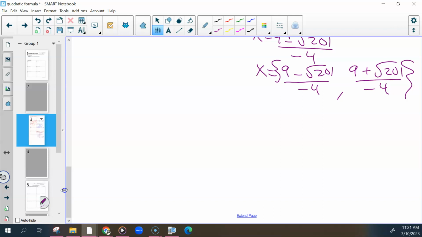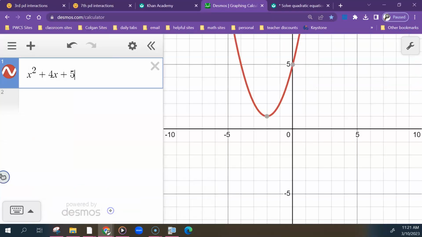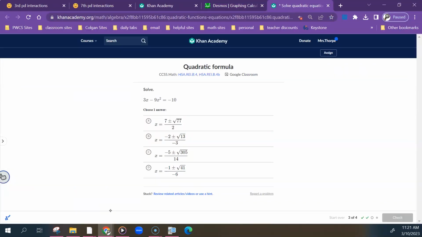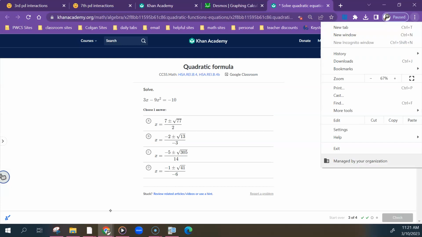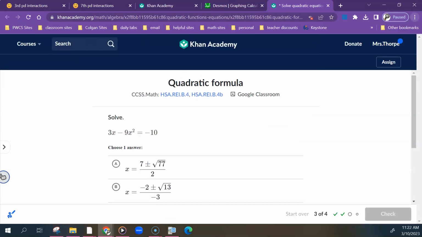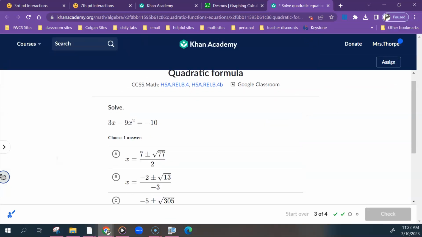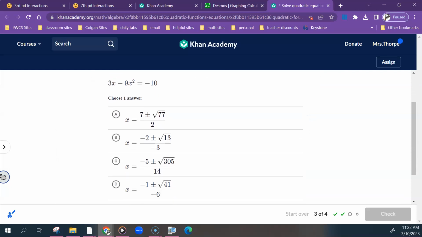On the back of your quick check, I would write this problem down. We're going to go through a couple of the concatenating problems. So start off by writing this one down. 3x minus 9x squared equals negative 10.